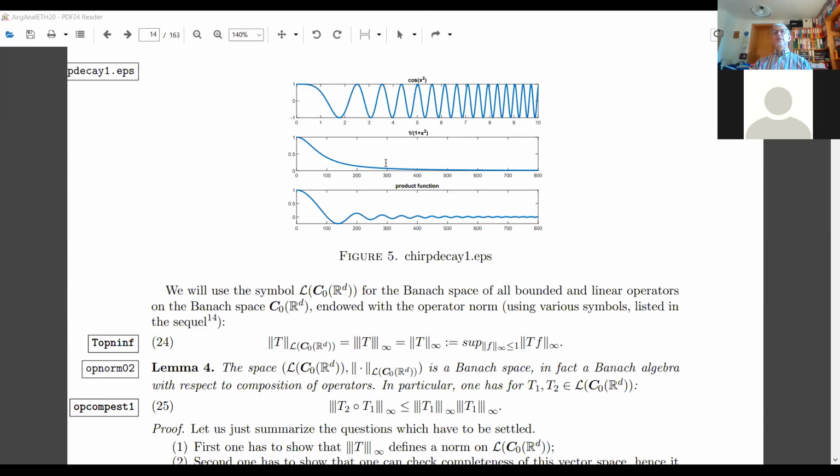Now, if you multiply this with a harmless bump function, I'm showing you only the positive part, 1 over 1 plus x squared, one of the few guys who has really a nice Fourier transform, you see very quickly that the damping of this C0 function makes this oscillating function quite nice and small, which is in C0.